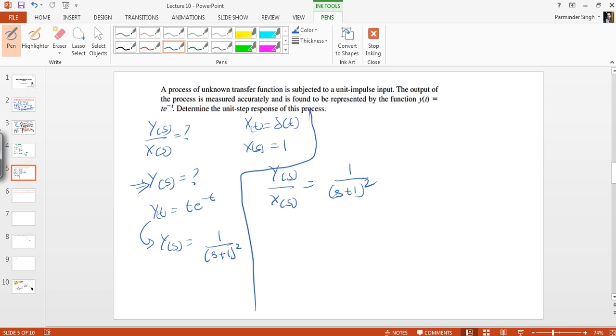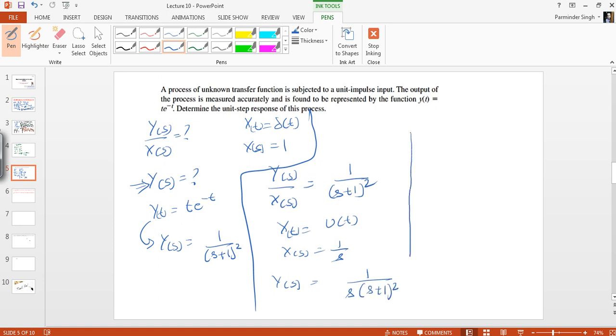Now we need to determine the unit step response of this process. That means x(t) is now u(t), the unit step. If the input is a unit step, what will be X(s)? X(s) is 1 upon s. So what will be Y(s)? Y(s) will be 1 over s times (s+1) whole squared.